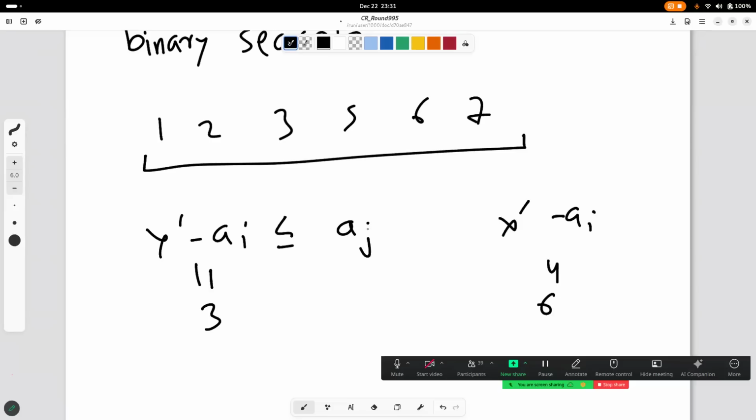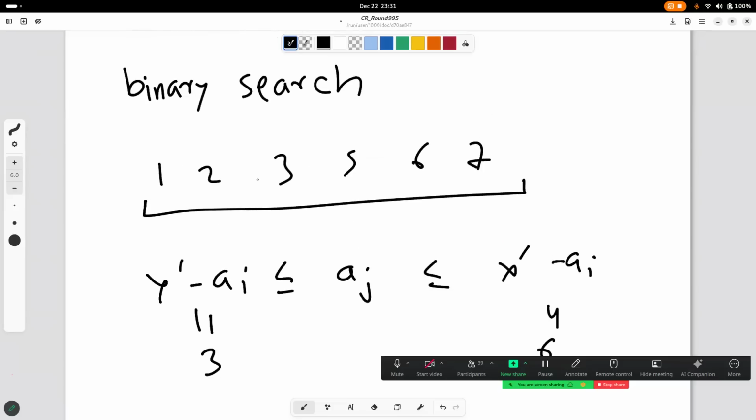Then our A of j would lie in this range, and that would basically correspond to a certain segment of this sorted array.